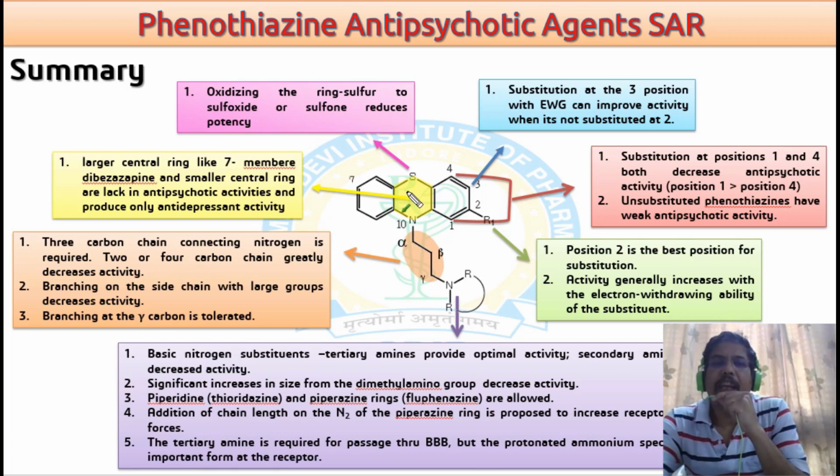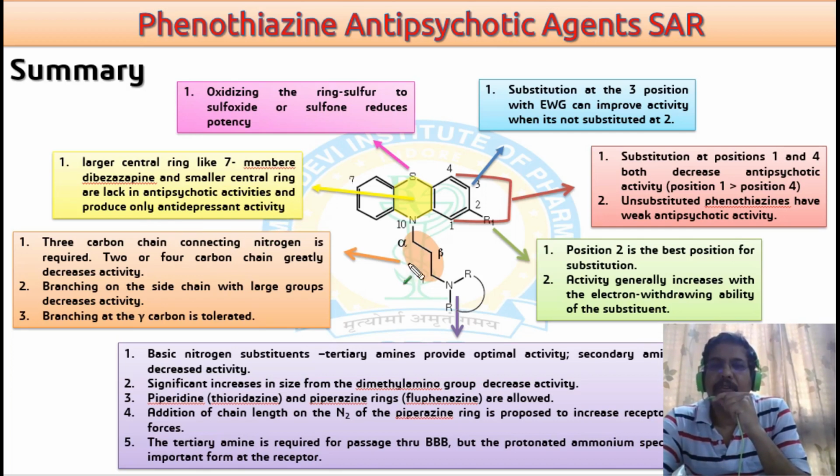Similarly, if the sulfur undergoes oxidation to the monoxide or the sulfone type, then activity decreases. If you go for ring modification, 7-member or 5-member, then again the antipsychotic activity decreases, but they are able to show antidepressant action.